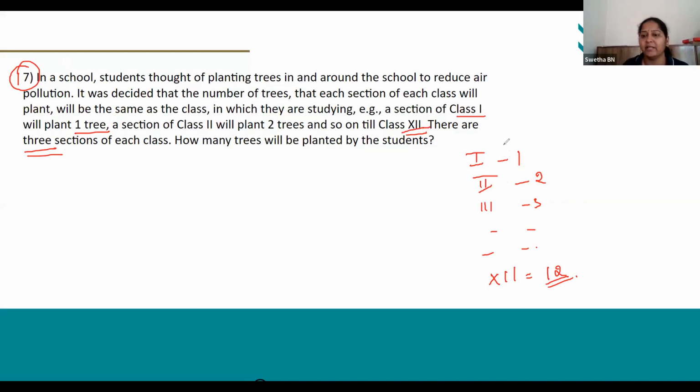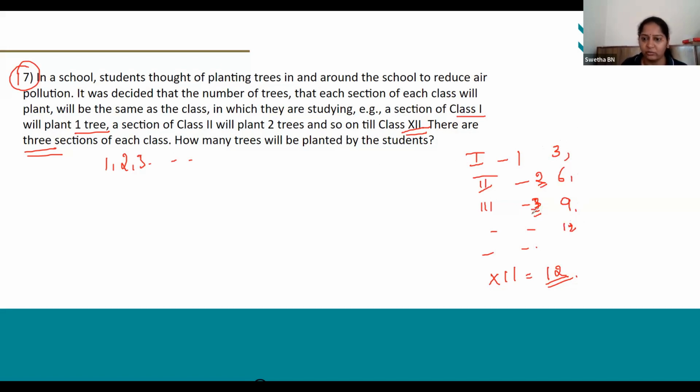So you can take 1, 2, 3 and find the number, and then after getting the answer, you can multiply by 3, or we can take 3, and these 3 means 3 2s are 6. 3 classes mean 3 3s are 9. You can take 3, 6, 9 also, children. Did you understand how to write the series?